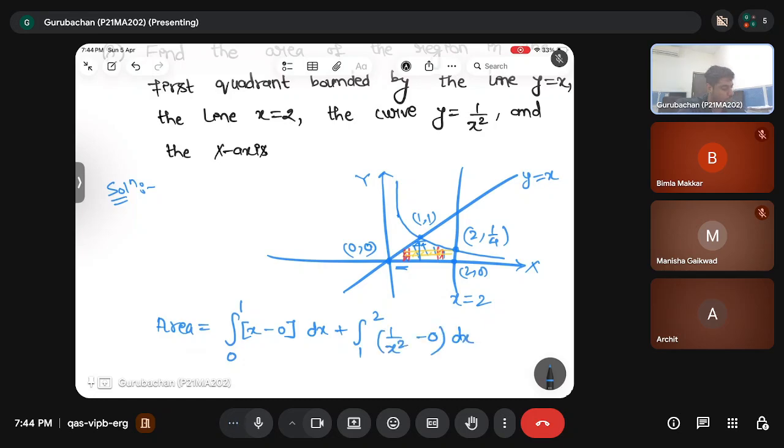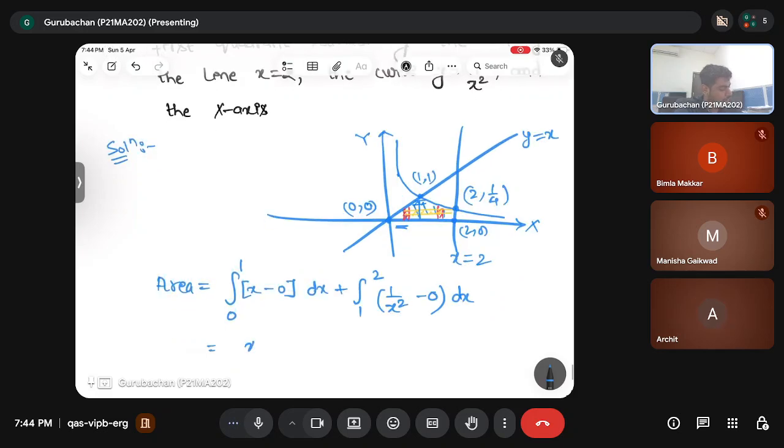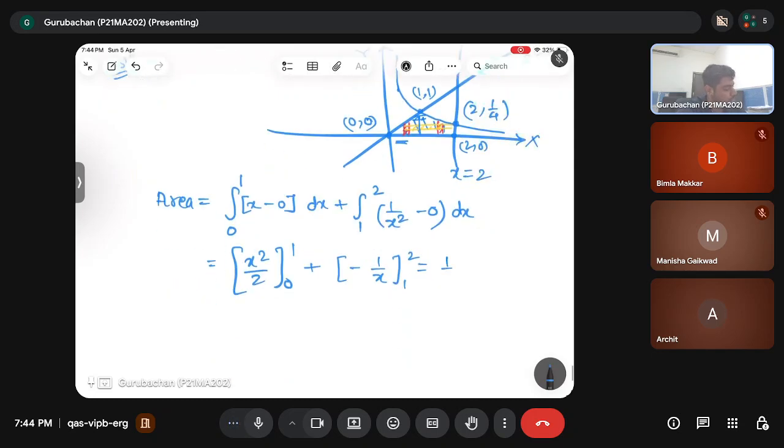Clear? Yes, sir. So this will be x square by 2, 0 to 1, minus 1 by x, 1 to 2.